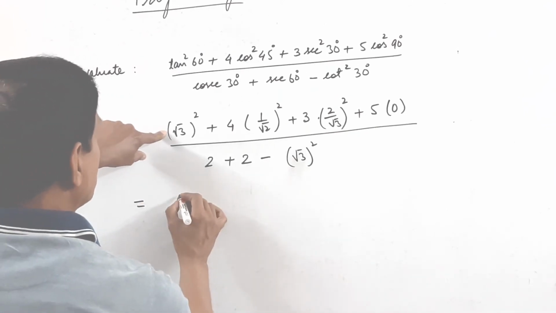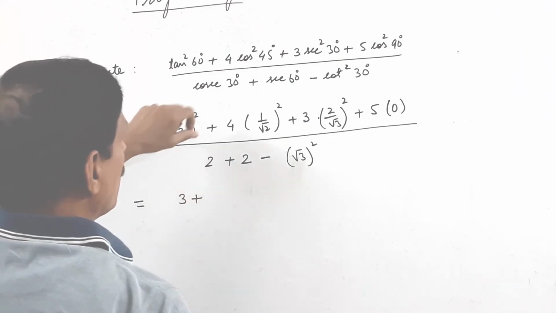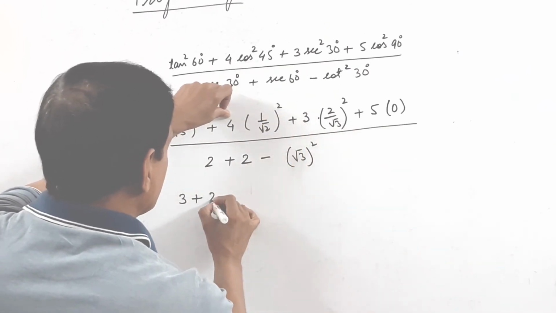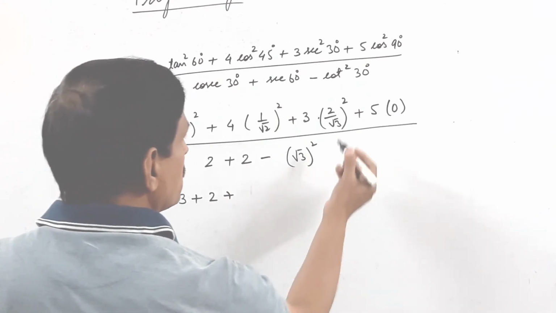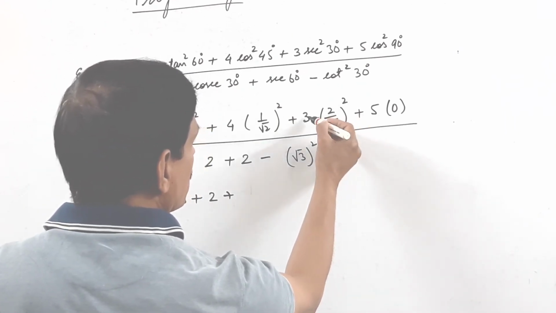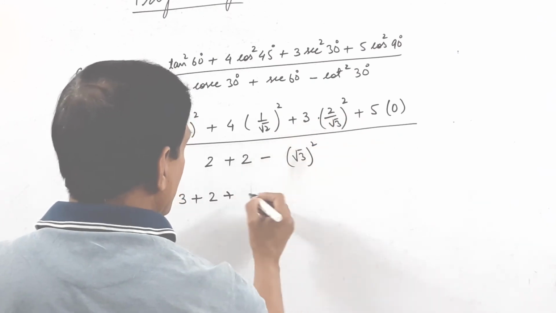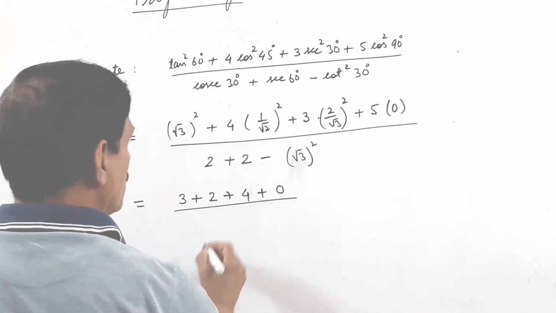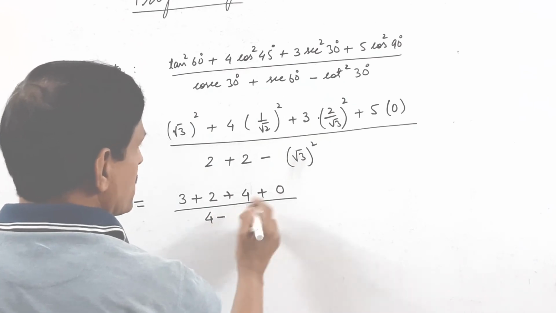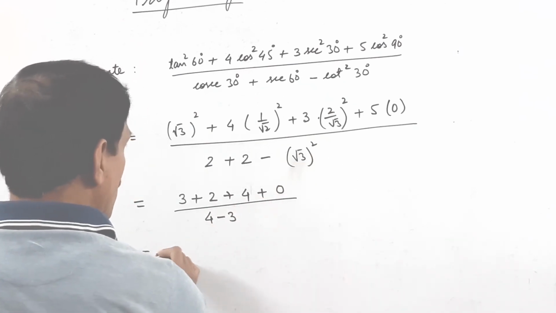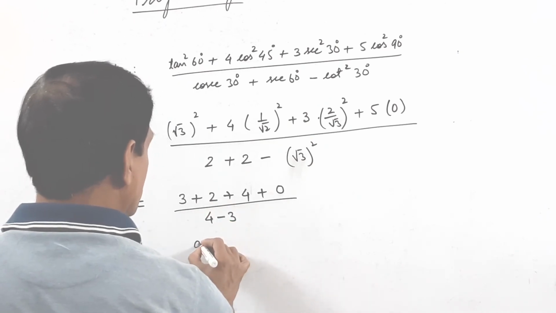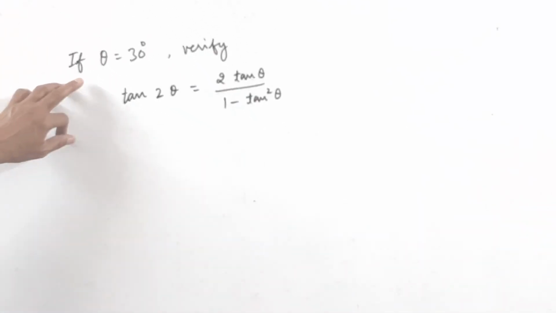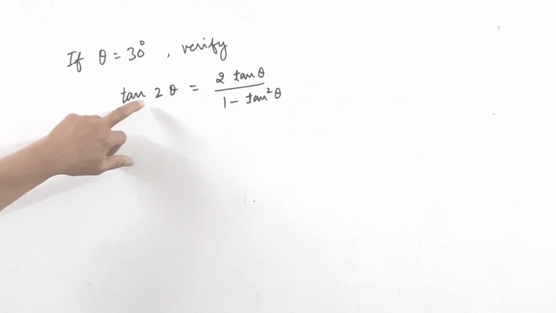So root 3 square, that is 3, plus 4 into 1 by root 2 square, that is 1 upon 2, where on cancellation we get 2, plus 2 by root 3 square, that is 4 by 3, 3 is cancelled, so we get 4 plus 0 upon 2 plus 2, that is 4, minus root 3 square, that is 3, and the result is 9.